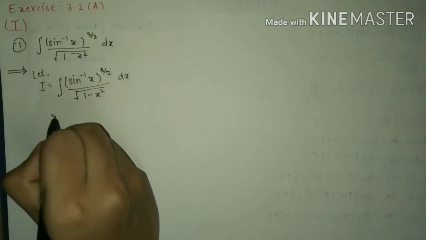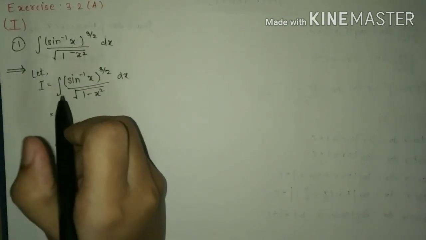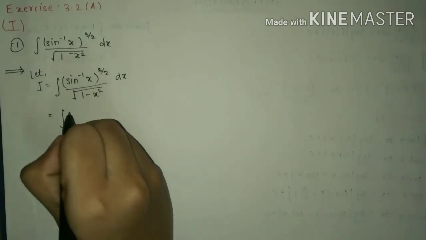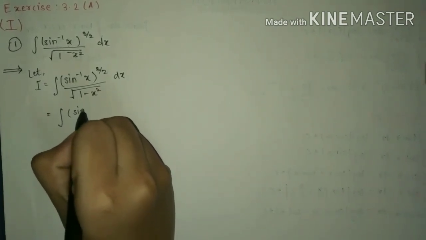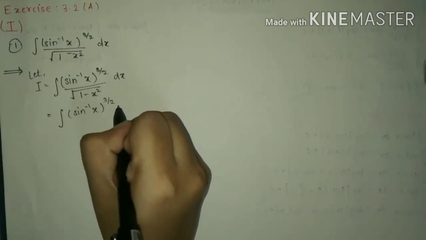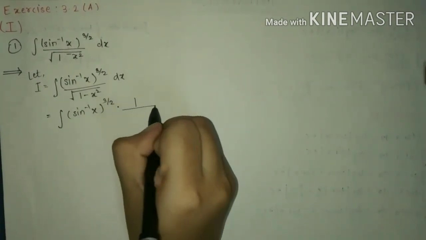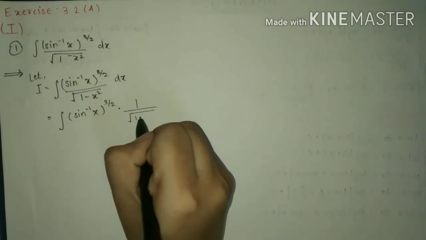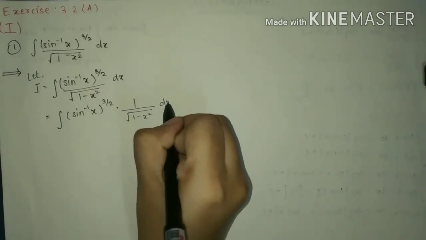Now let's see how we can apply our results here. So integration of sine inverse x raised to 3 by 2, and if you carefully look at it, 1 upon under root 1 minus x square dx.